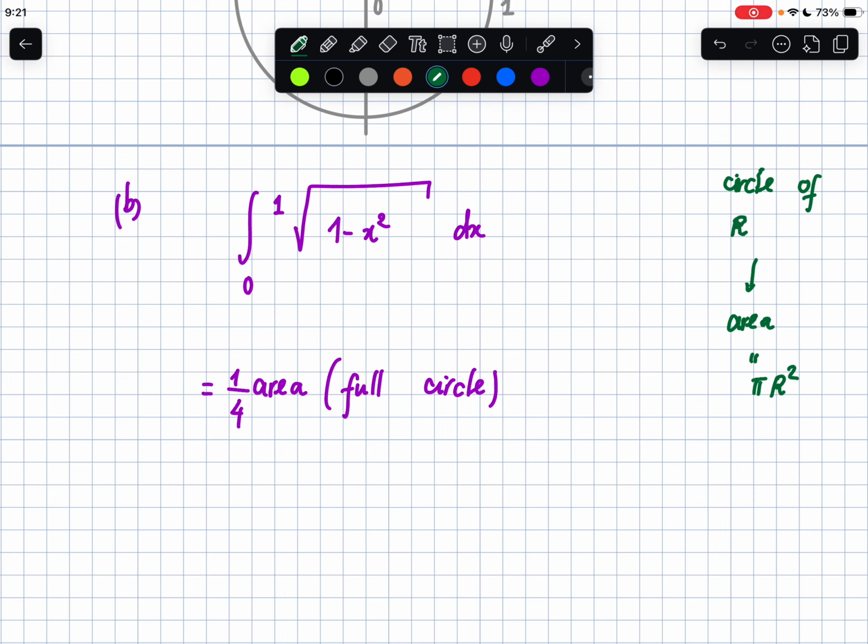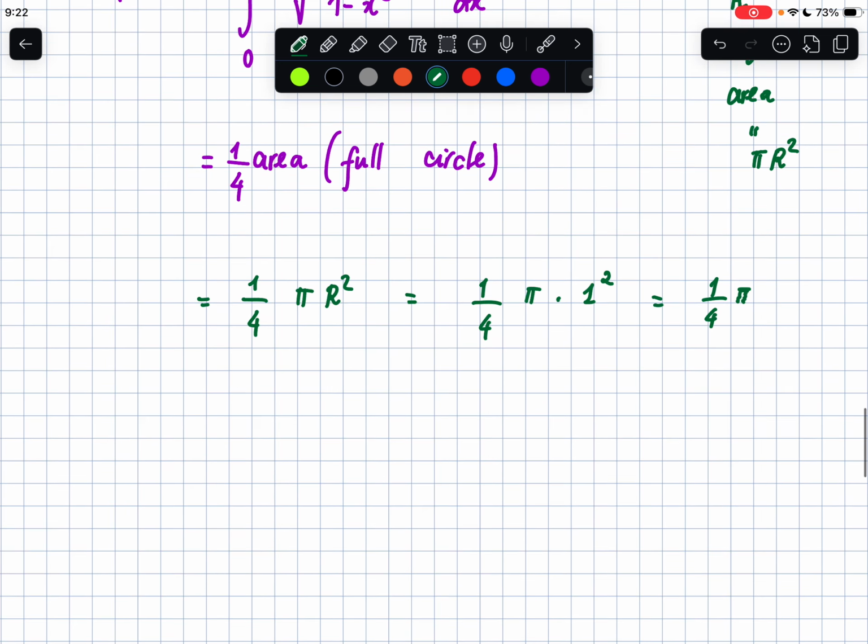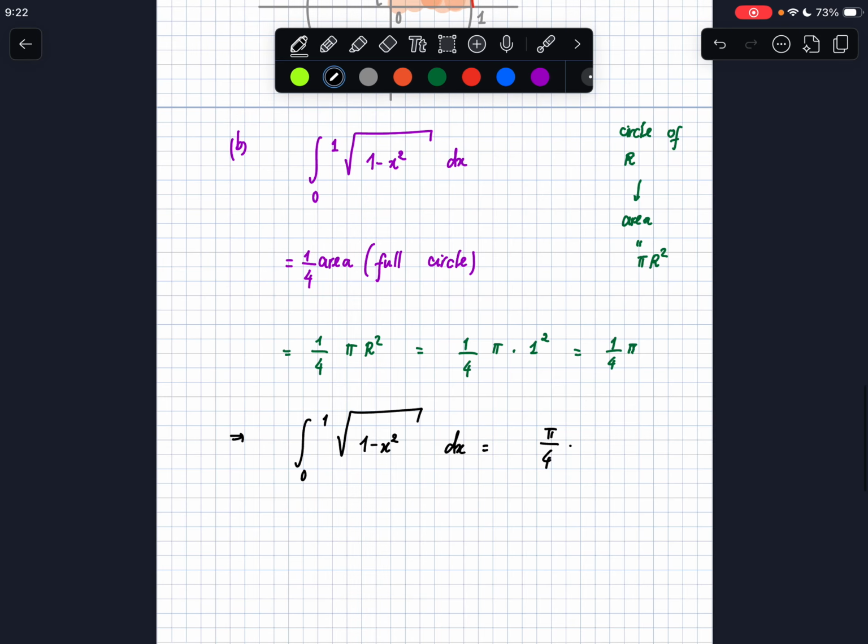In our case, 1 over 4 times pi times 1 squared, which is 1 over 4 pi. The area we're working with is pi over 4, so the integral from 0 to 1 of square root of 1 minus x squared dx is pi divided by 4. This is the answer for question B.